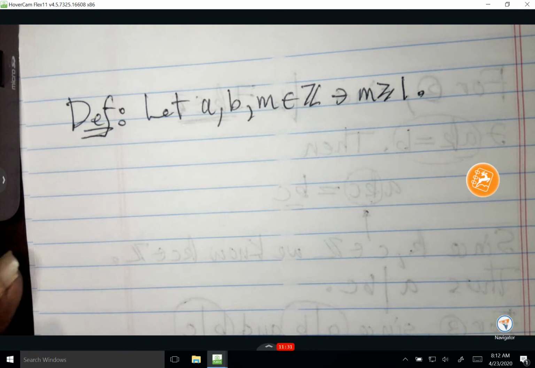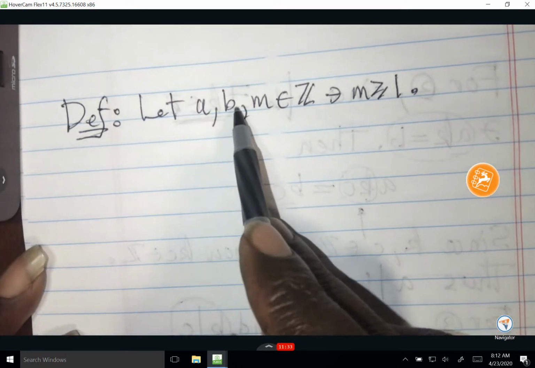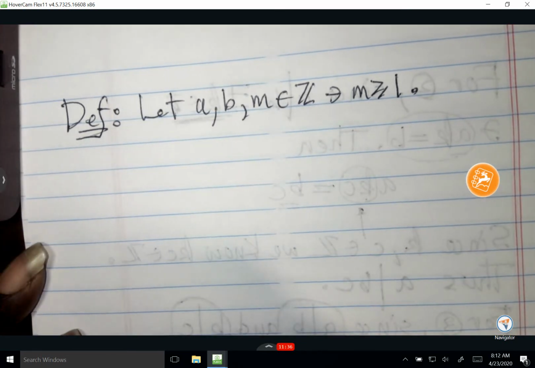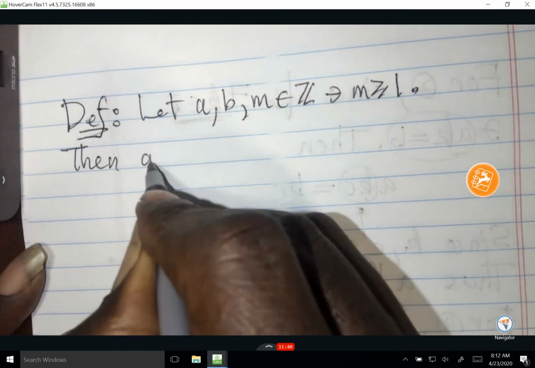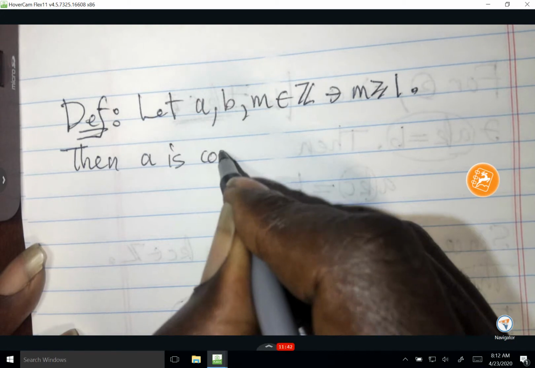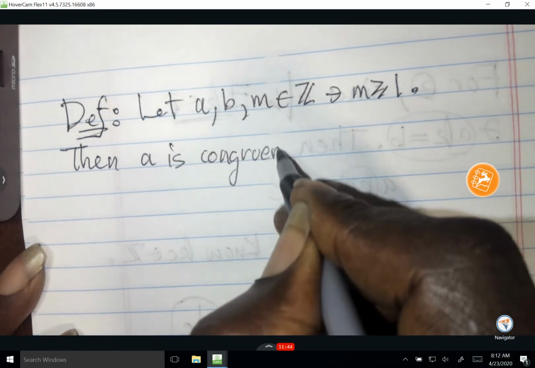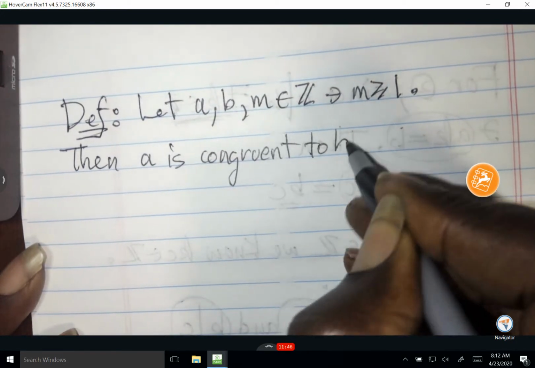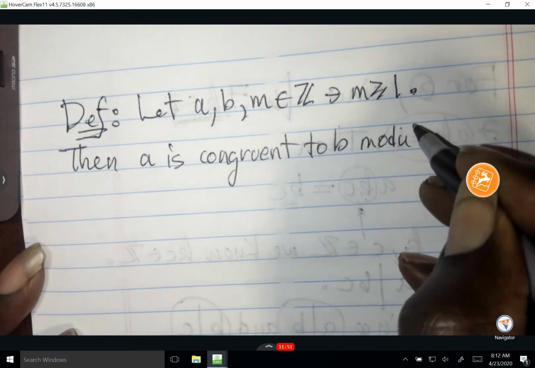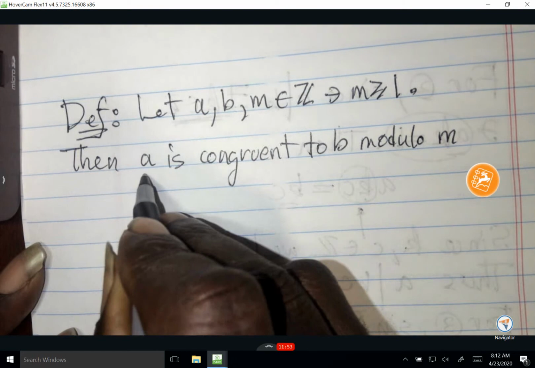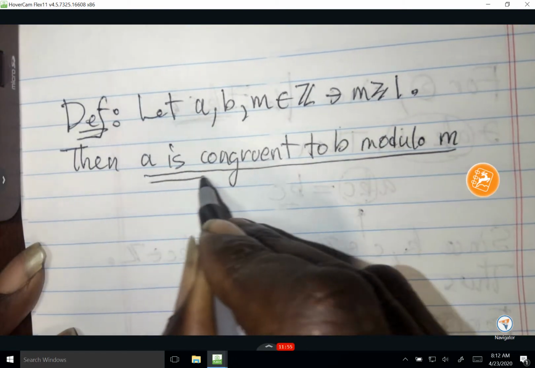Then we say A and B are congruent modulo M. Let's write that. Then A is congruent to B modulo M. So that's the phrase that we're defining.